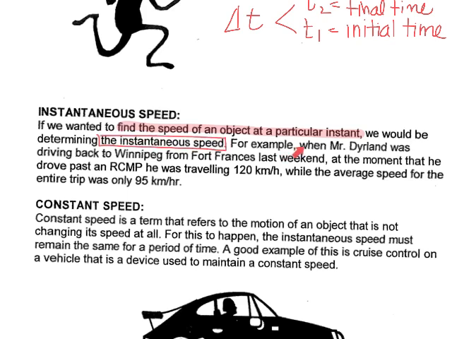So, for example, when Mr. Dearland was driving back to Winnipeg from Fort Frances last weekend, at the moment that he drove past an RCMP, he was traveling 120 kilometers per hour, while the average speed for the entire trip was only 95 kilometers an hour. So, at a particular moment in time, we would find out the instantaneous speed. And here, that particular moment in time was indicated by the passing of an RCMP officer.